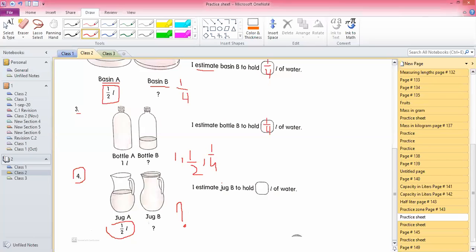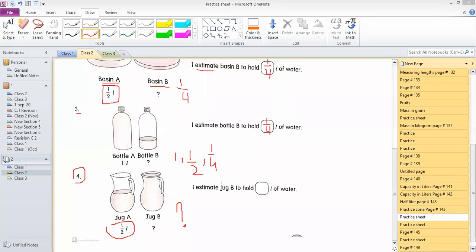Zabdi, you have to wait. I'll tell you. Asar Usama, can you hear me? 1 liter. Very good. How do you know? Because half of half is 1 liter.